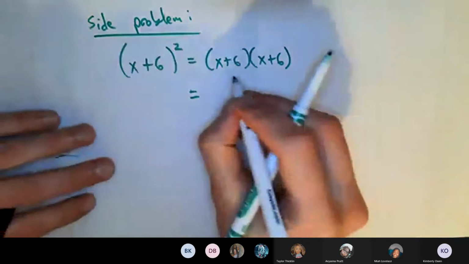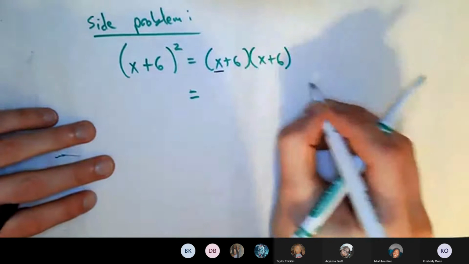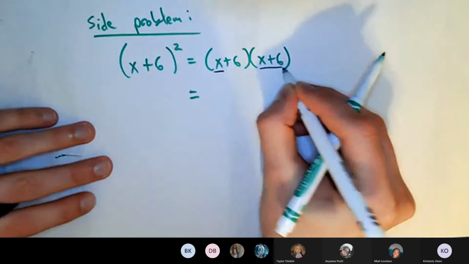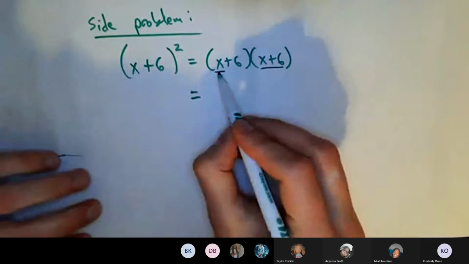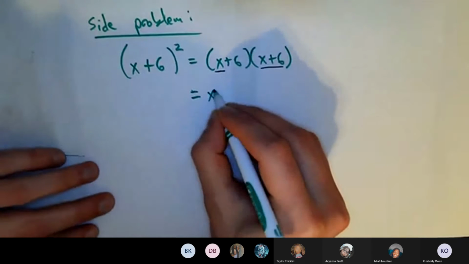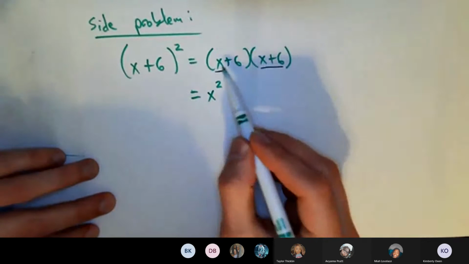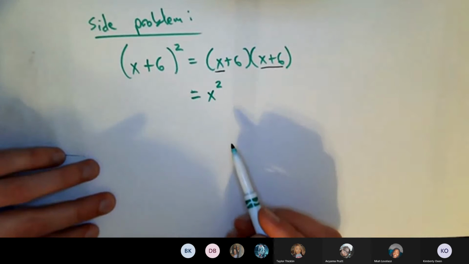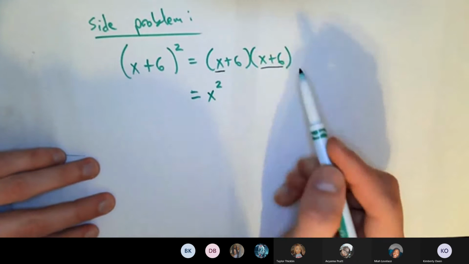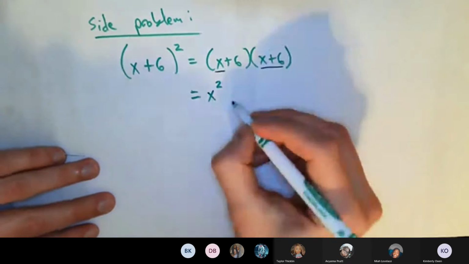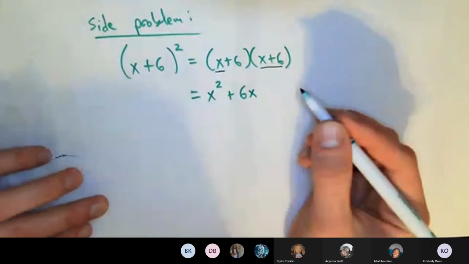So what I like to say is, take the first term and multiply it by both of the terms in the other set over here. So x times x yields x squared. Then this x, still with this x, times positive 6 yields a plus 6x.